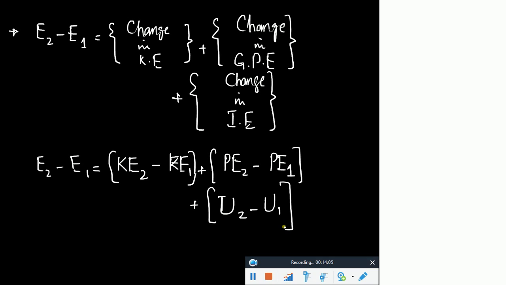This kinetic energy is different from that, and this potential energy is different from that. Those energies at the molecular scale or the atomic level are considered under internal energy, right? And remember one thing, there is a very important concept. By looking at the definition, you should not be misguided that internal energy is a microscopic property.